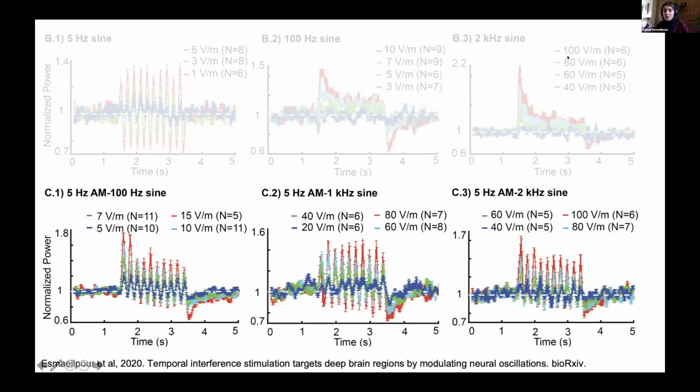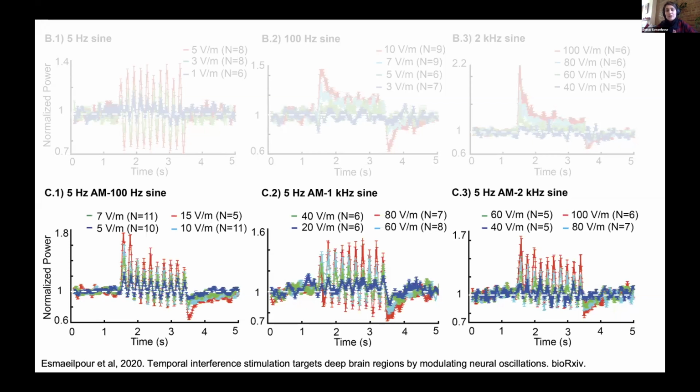For the amplitude modulation waveforms, we see the same thing. For all the amplitude modulation waveforms that we have here, the carrier frequency is fixed at 5 hertz, but the envelope is changing from 100 hertz, 1 kilohertz to 2 kilohertz.